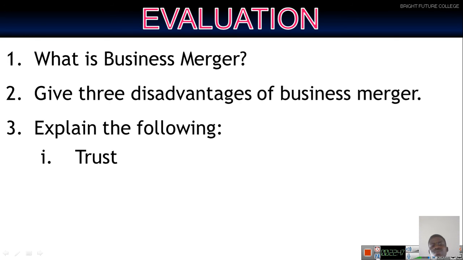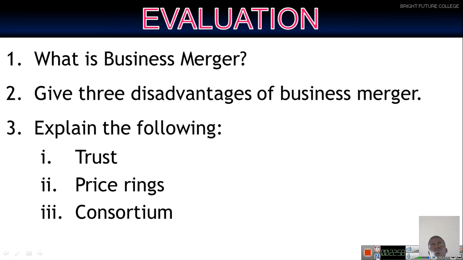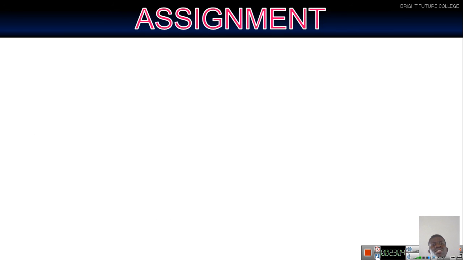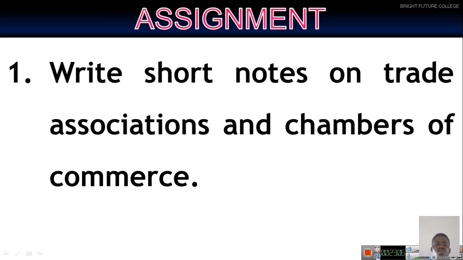That's business merger. Then discuss the disadvantages of business merger, and try to explain on your own trusts, price ring, consortium, and cartel. And there's an assignment for you. Write short notes on trade associations and chambers of commerce, because this will help you. Go and research, read more on trade associations and chambers of commerce.